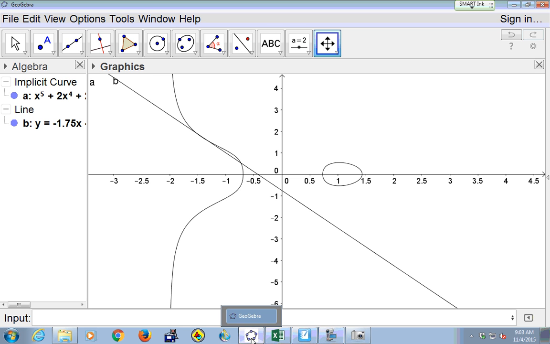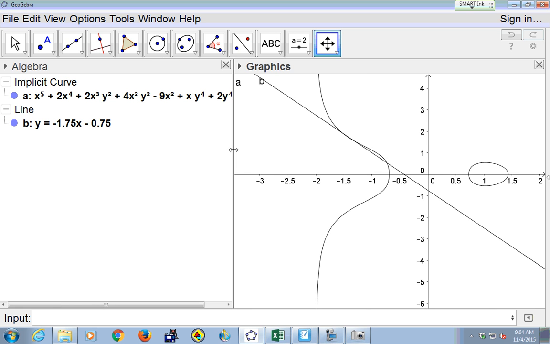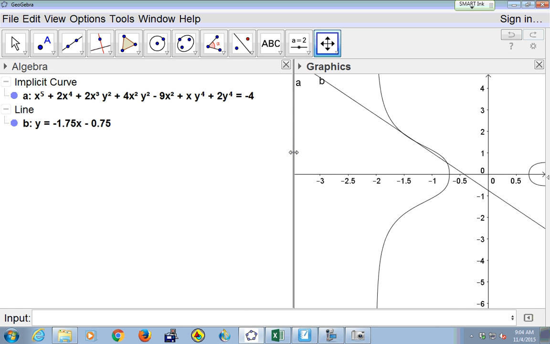Did I make a mistake? -7/4 is -1.75 minus 0.75. Yeah. Did I type in my? Oh, it expanded it all.